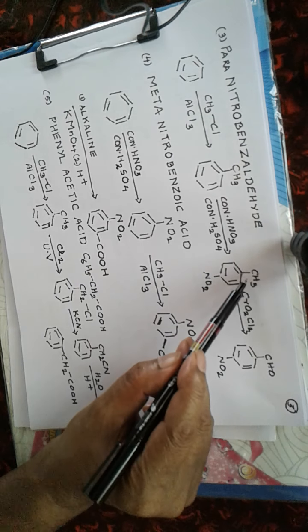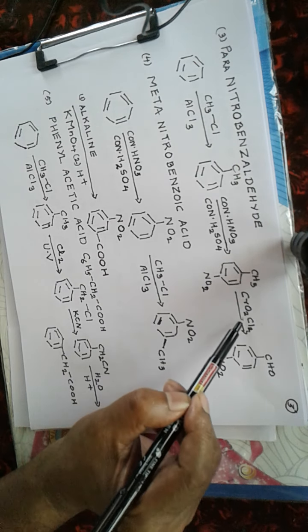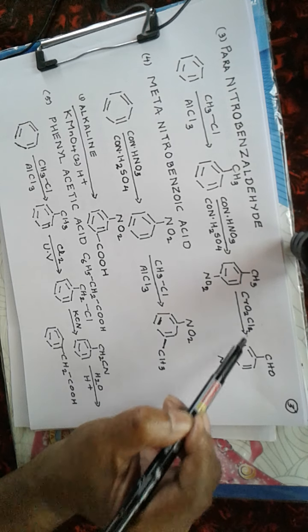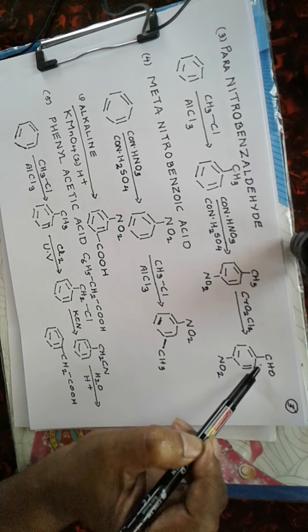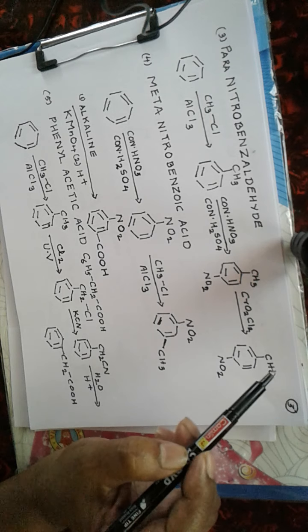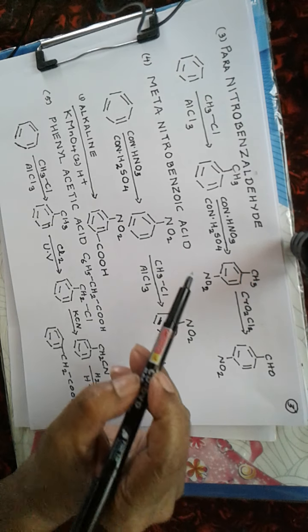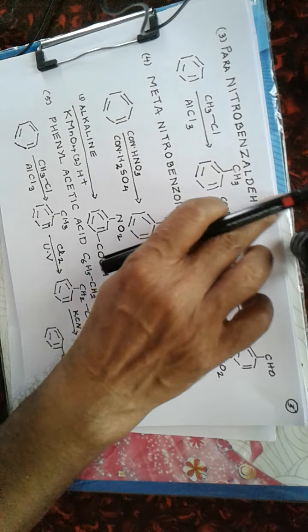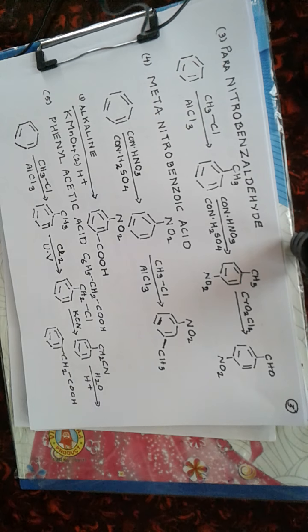And then oxidize the CH3 group using chromyl chloride, CrO2Cl2. You get the aldehyde group and we get para-nitrobenzaldehyde.